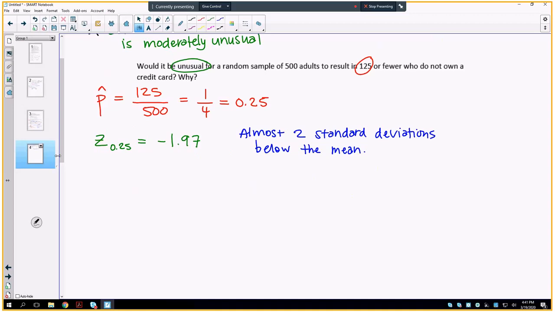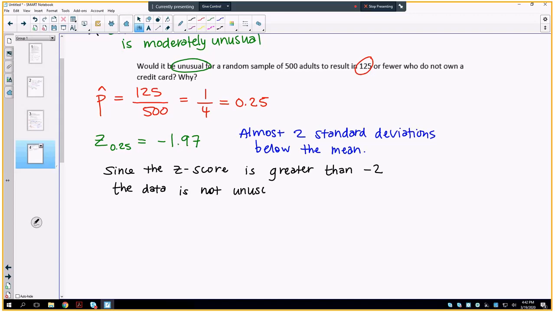So we would say, since the z-score is greater than negative 2, the data is not unusual. And that would be how we would answer that question.